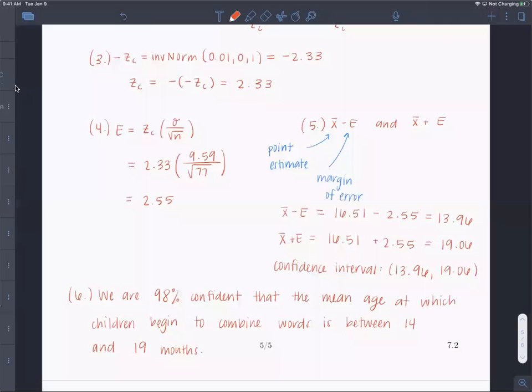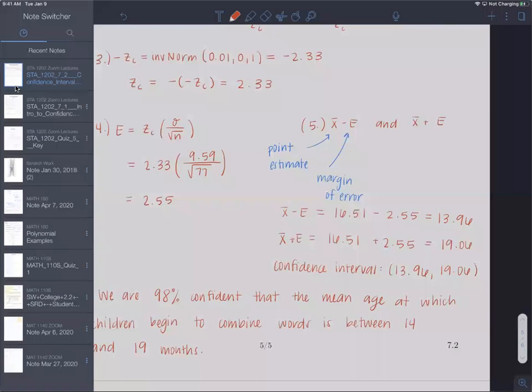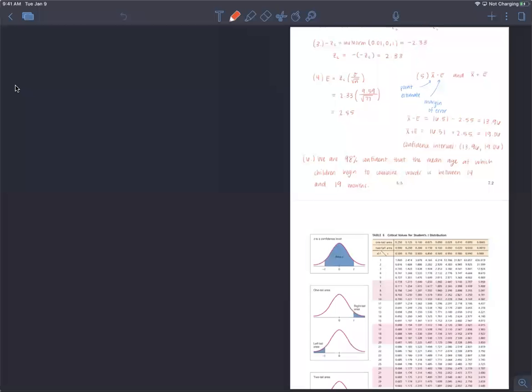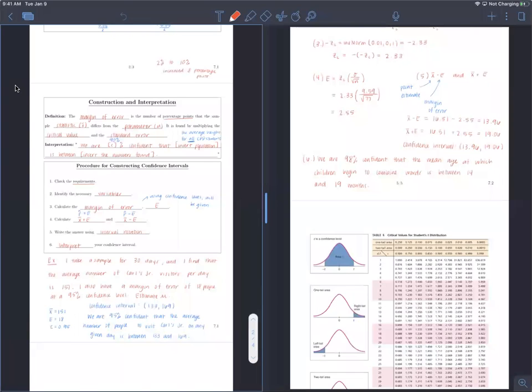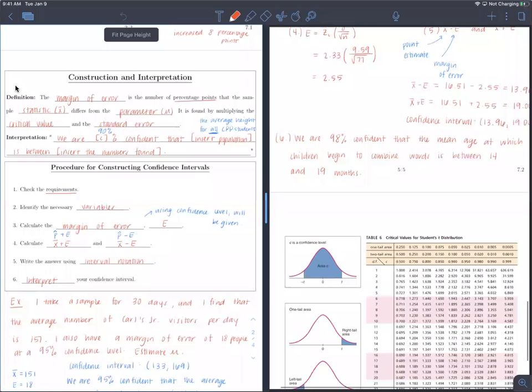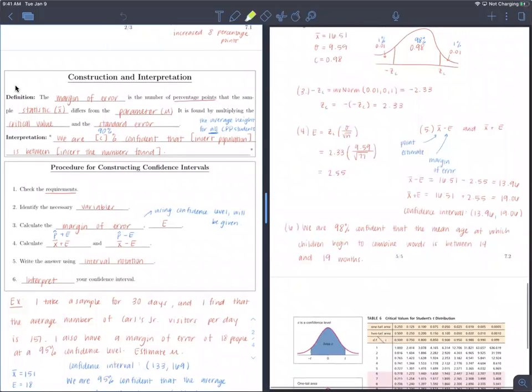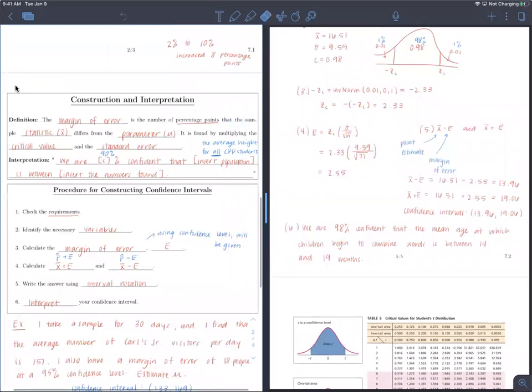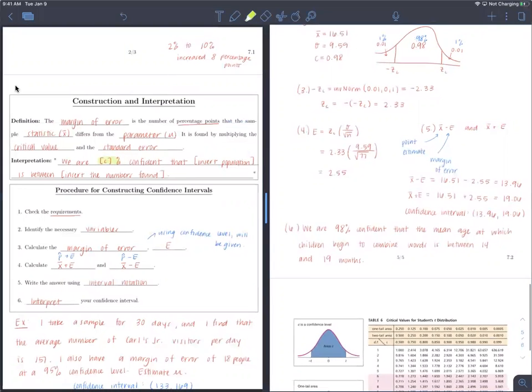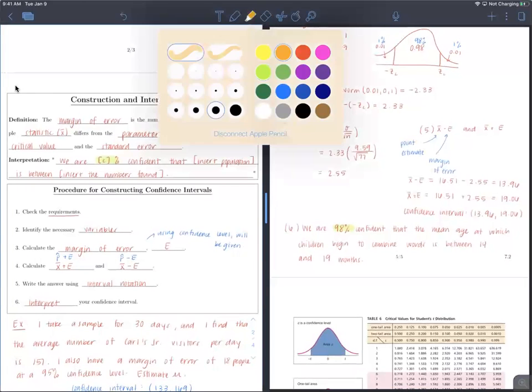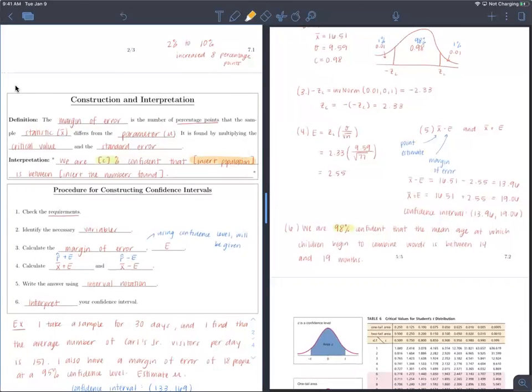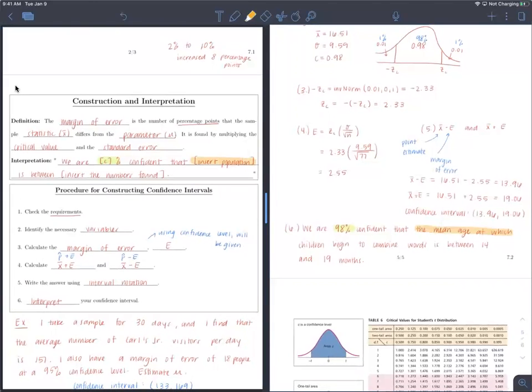And so real quick, I'm going to show them side by side. Right, so if I zoom in on both of these, so there's that one. And I compare this. So real quick, I'm going to erase all of this for now. And so here we are C% confident. So that's that 98% confident. And then insert population, that's the mean age at which children begin to combine words, right?